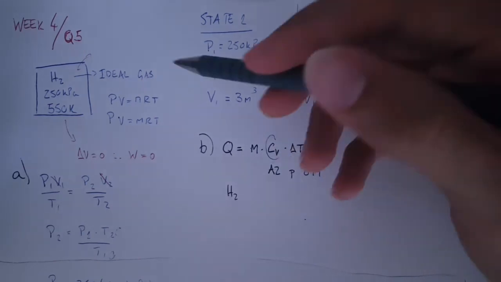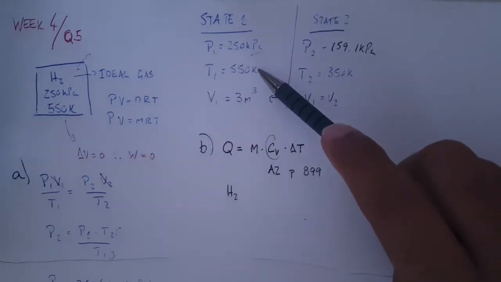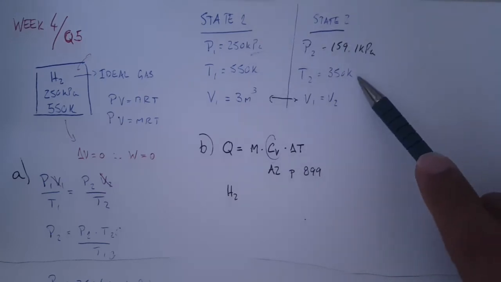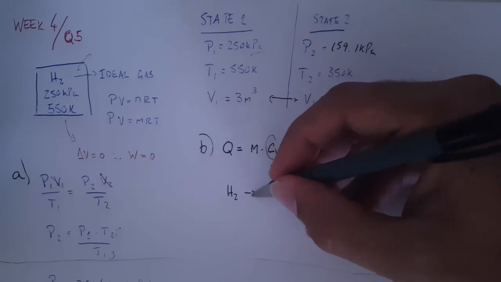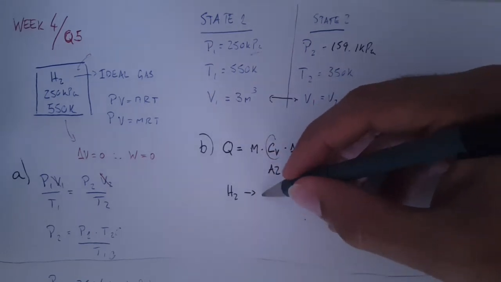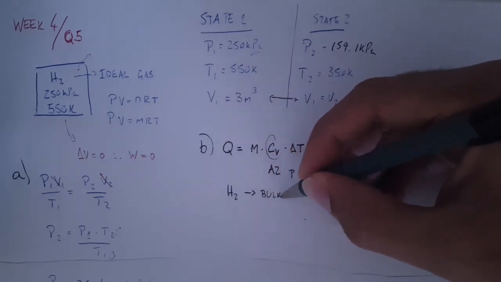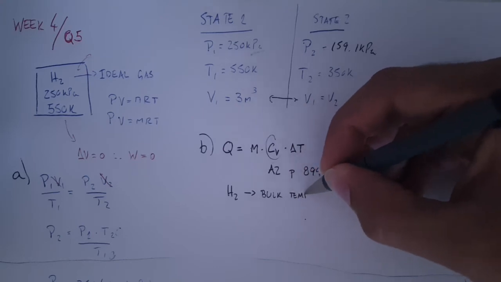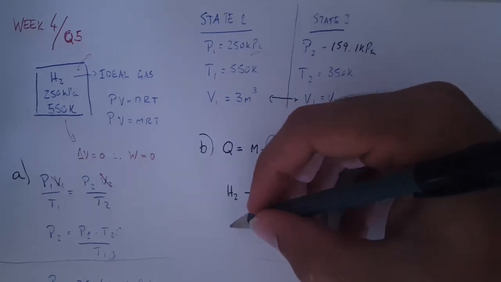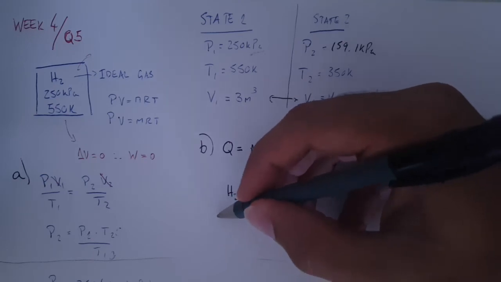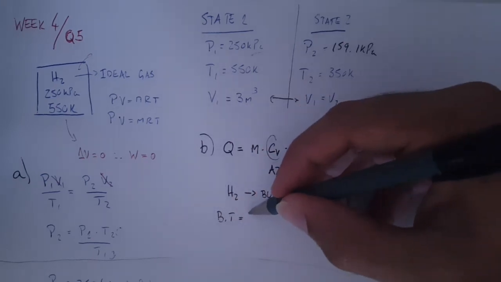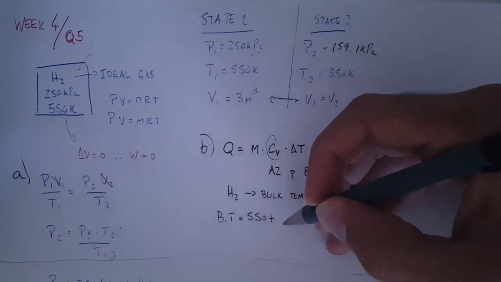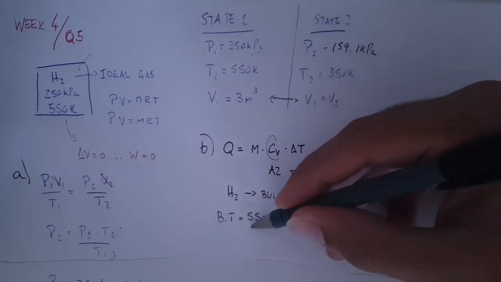So for the initial temperature, we're going to have one C_V, and at 350 we're going to have a different C_V. Okay? So if we're going to grab it off the table, if we want to minimize our error, what we use is the bulk temperature, and we grab it off with the bulk temperature. Okay, so what is the bulk temperature? It's a mean temperature, right? The mean temperature, so bulk temperature will be 550 Kelvin plus 350 Kelvin divided by 2.